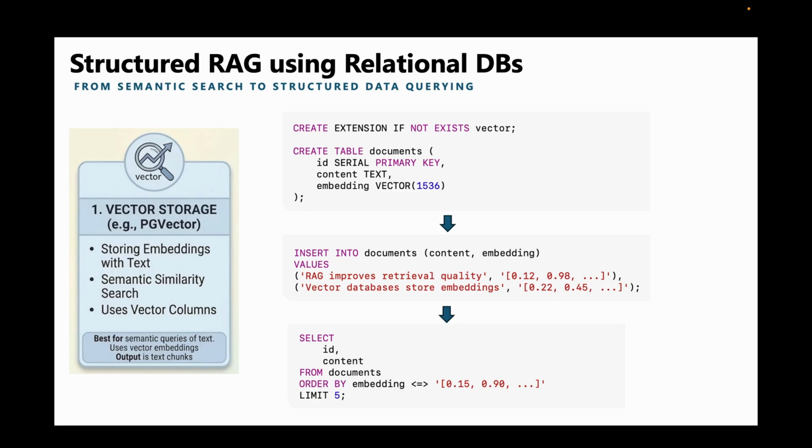At query time, the user's input is first converted into an embedding, and then a similarity search is run inside PostgreSQL using operators like cosine distance or dot product to find the closest matching vectors.